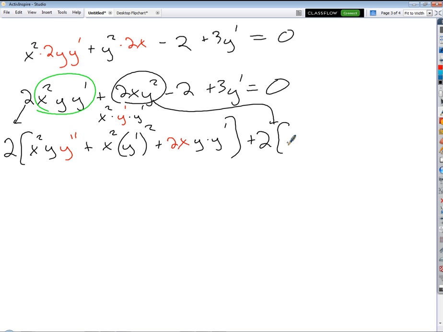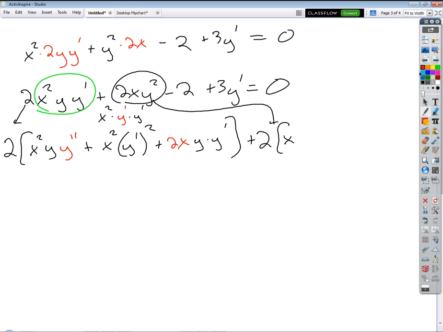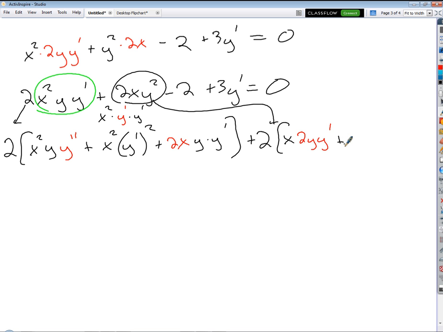Okay, focus please. If we pulled the 2 out front, so we're just differentiating the product of x and y squared. X times 2y times y prime. Good. Plus y squared times 1.